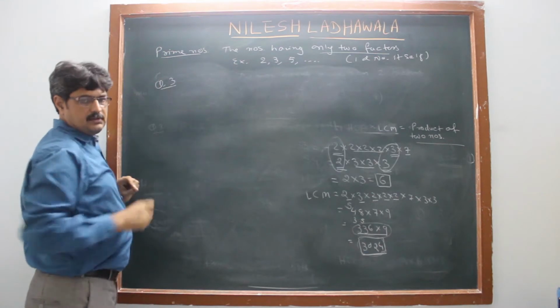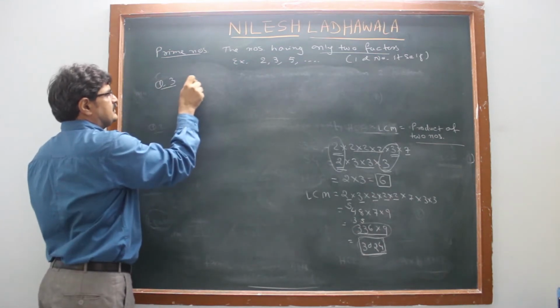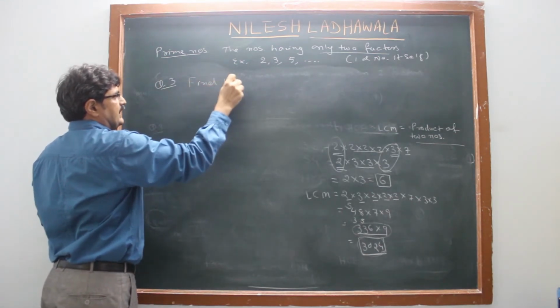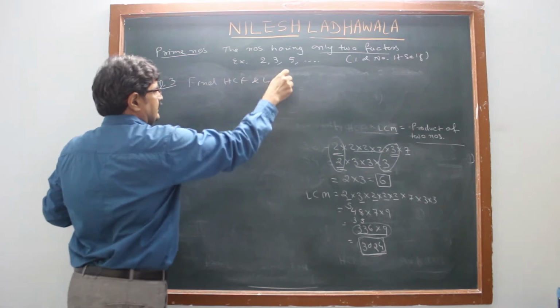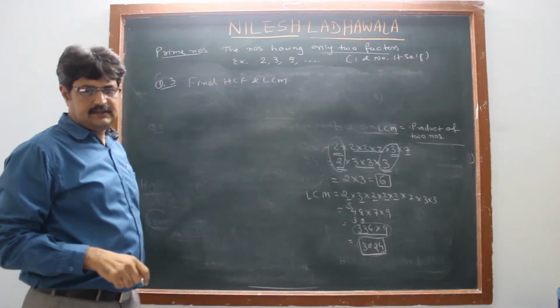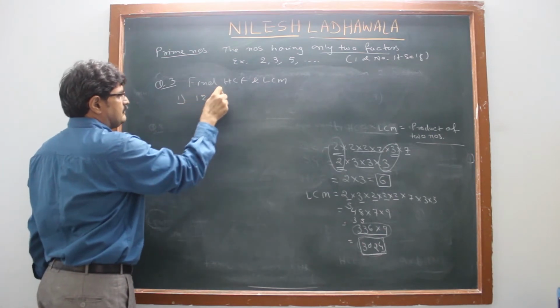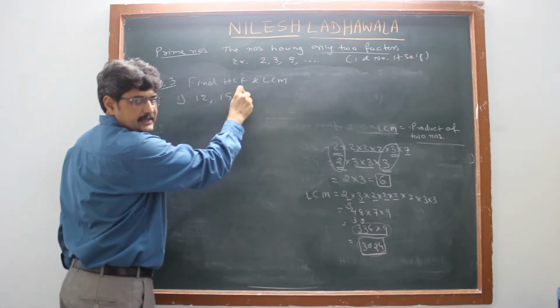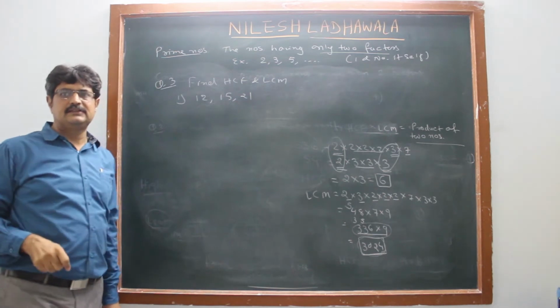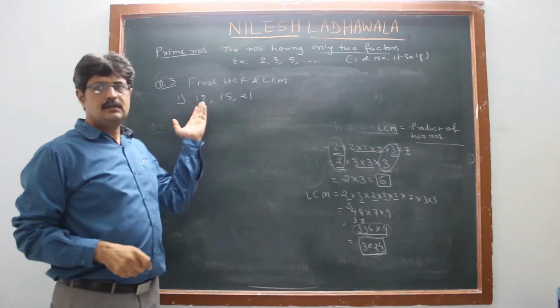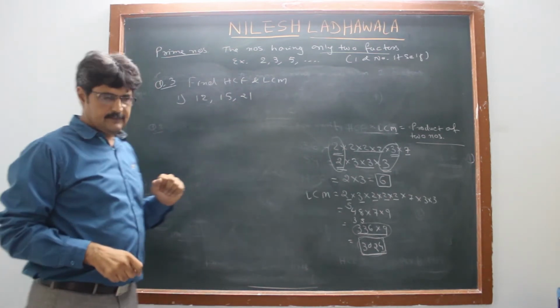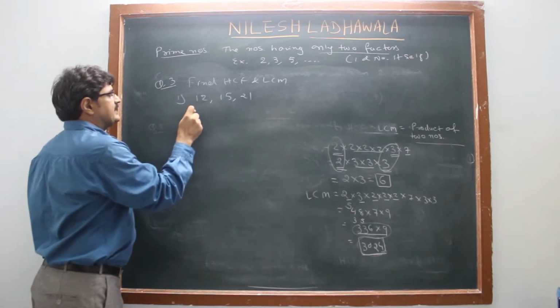Okay, question number 3. Find HCF and LCM of the given numbers. We are given three numbers: 12, 15 and 21. First of all I will factorize 12.